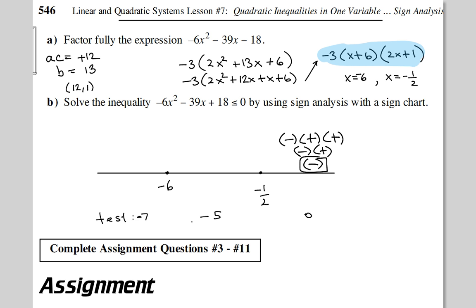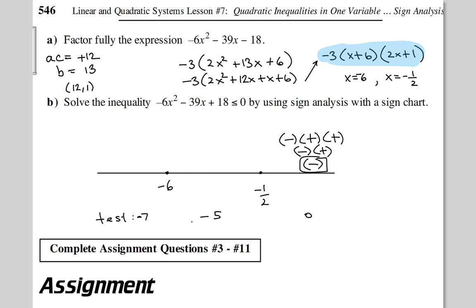Does that make sense? Does this thing open up or down? Down. So it's going to look like this. Put a 0 there, it's just going to be 6. So negative times positive times positive, do two at a time, you get a negative.